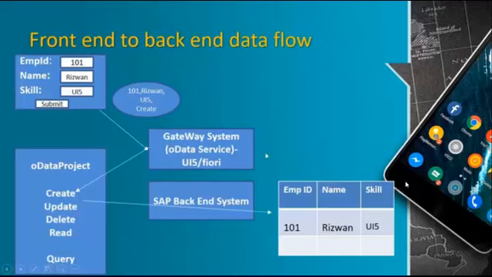The main thing you need to understand is, take any web application. Basically, any web application performs only two things: sending data from front end to back end, or getting data from back end to front end.